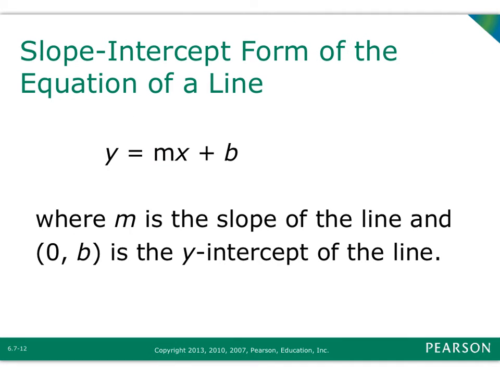Now we have what's called the slope-intercept form of the equation of a line. y is equal to mx plus b, where m is the slope of the line and b is the y-intercept of the line. Remember from the last section that the y-intercept is the point which crosses the y-axis.